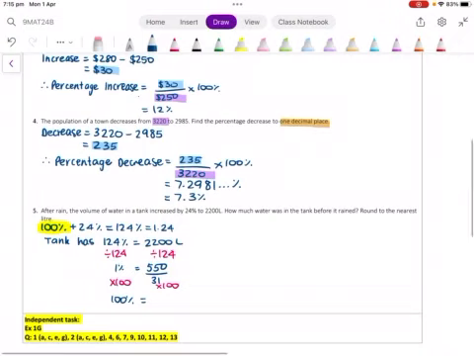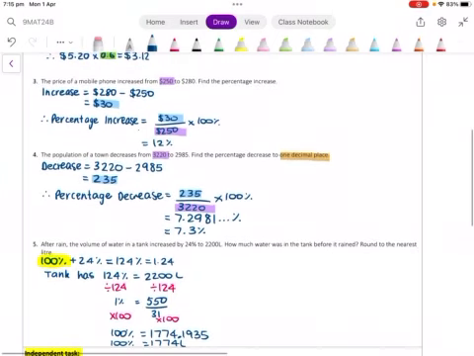And when we do that, we get 1,774.1935 litres, and we want to round to the nearest litre, so this will equal 1,774 litres there.